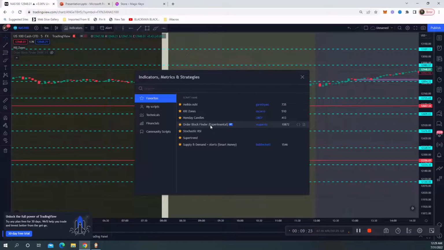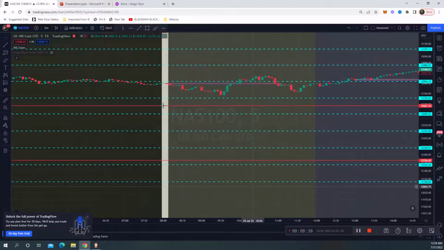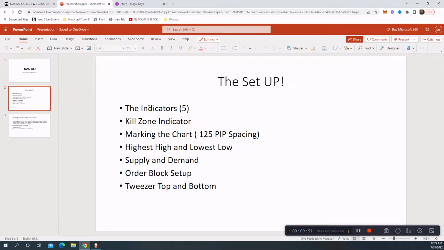It says Order Block Finder, even though it says experimental, and it's by this person here. So you want the order block and the kill zone. Once you get that, as I showed you, and I'm going to bring it back up later, the order block is going to help you out along with everything else. So I showed you the indicators: the three that you monitor, the kill zone indicator, and the order block.